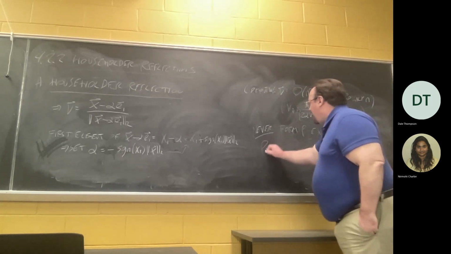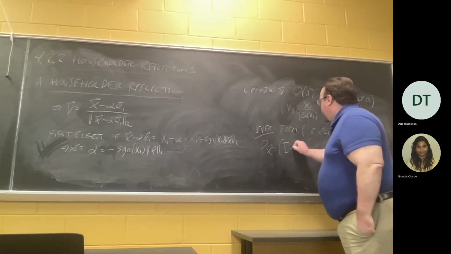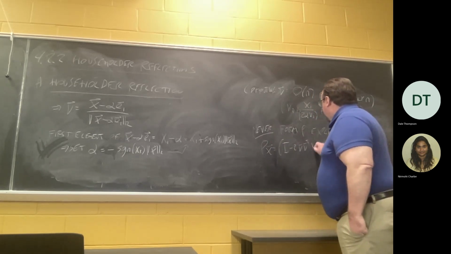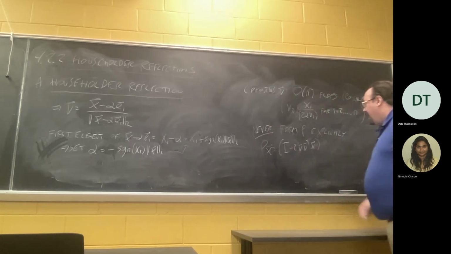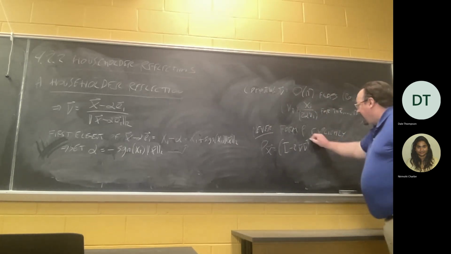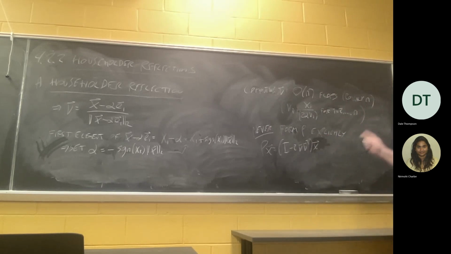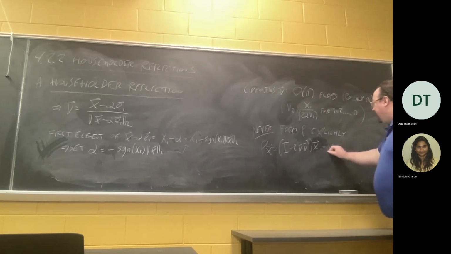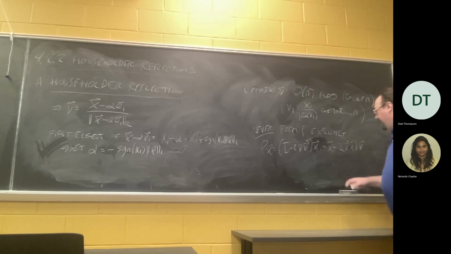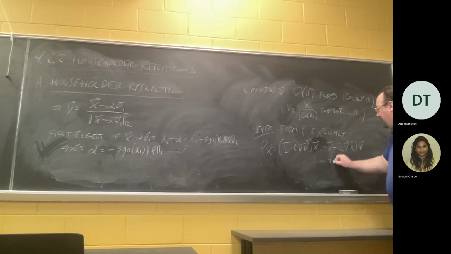So P times X is going to be identity minus 2V V transpose, times X. If you distribute X through all that, all you're doing is subtracting something. You compute this scalar, which is a dot product, scale V by that, and then subtract that from X. So this takes roughly 4n flops.